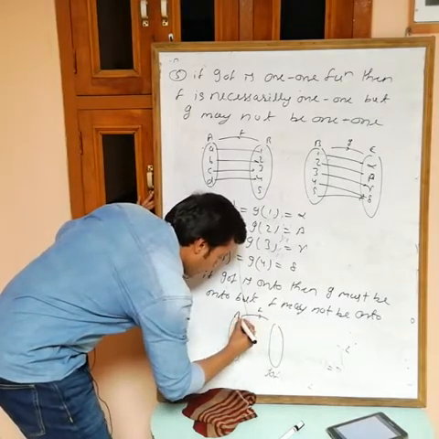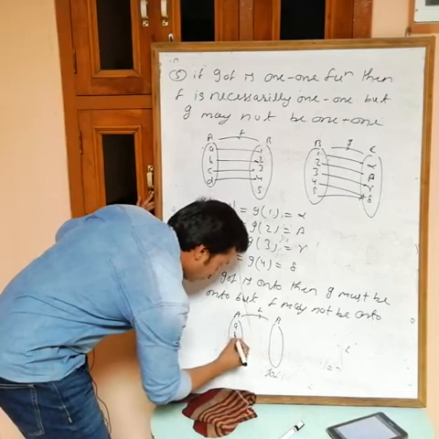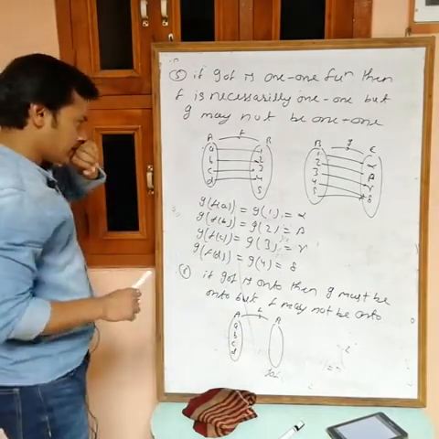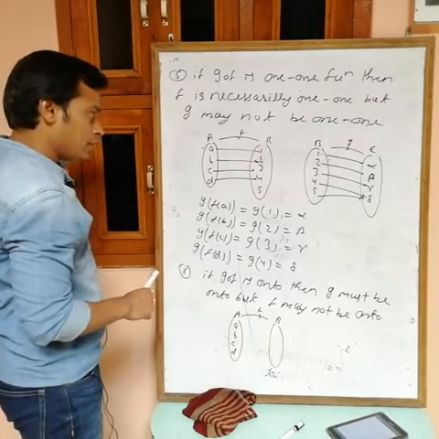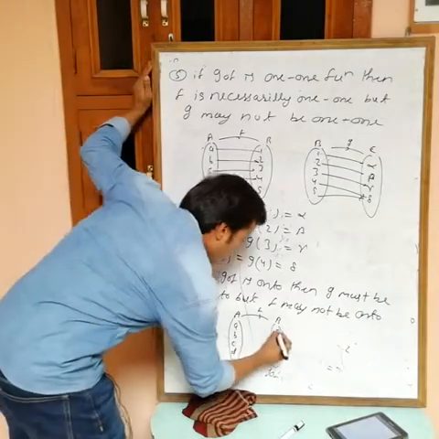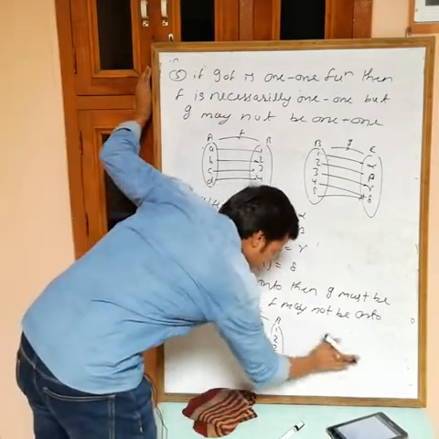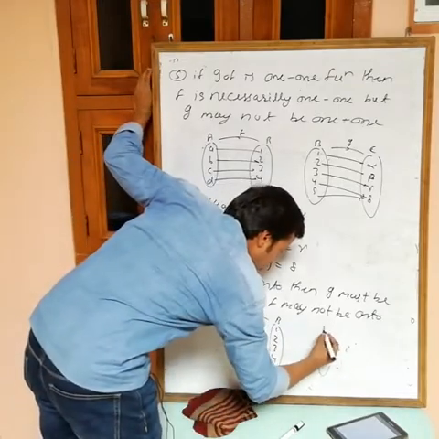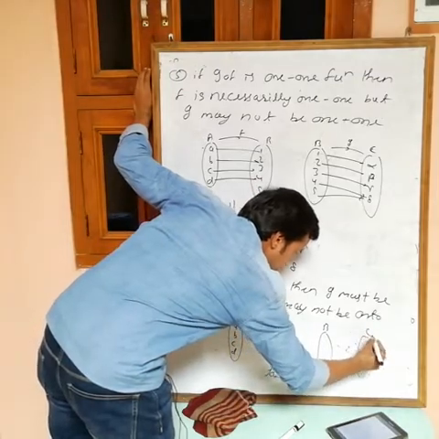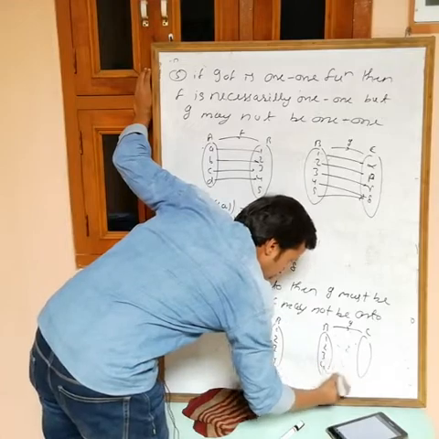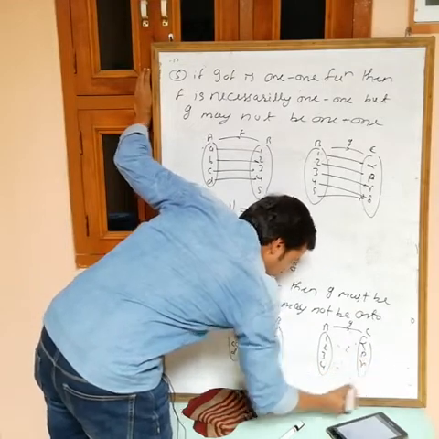f from A to B: a, b, c, d, and 1, 2, 3, 4. Then g from B to C: this is Z, 1, 2, 3, 4, alpha, beta, gamma.